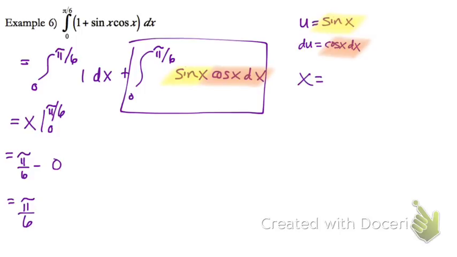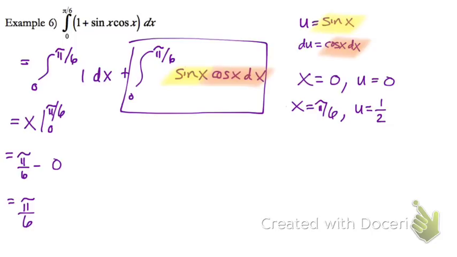And if I change my limits of integration, when x is equal to 0, u is equal to sine of 0, which is still 0. When x is equal to pi over 6, u is equal to sine of pi over 6. Sine of pi over 6 is 1/2.